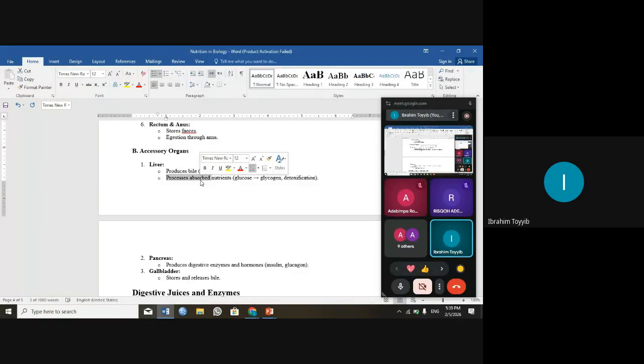Everything that is given off from the metabolism of the body is called an excretory product. For example, if you are sweating, that's an excretory product. Your urine is an excretory product. Even the carbon dioxide that you breathe out is an excretory product.